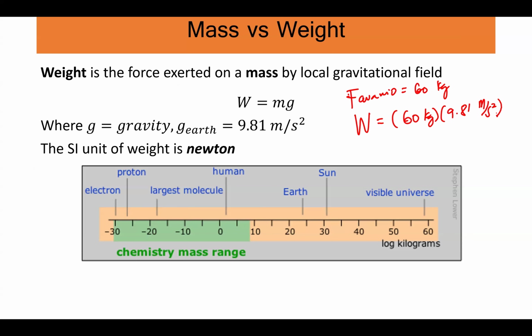Or just make it 10 only to make it simpler. So that's the gravity at 10 meters per second square. So that will be 600 Newton. Your correct answer should be 600 Newton, not 60 kilogram.